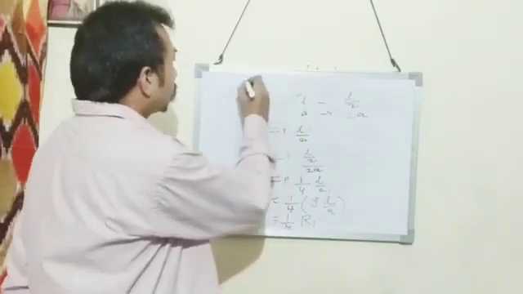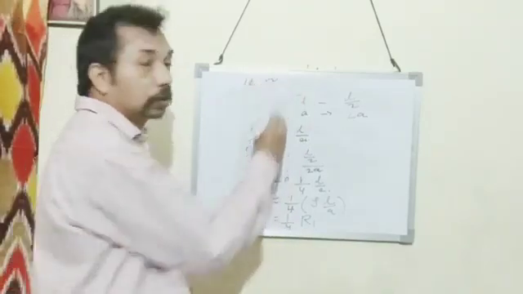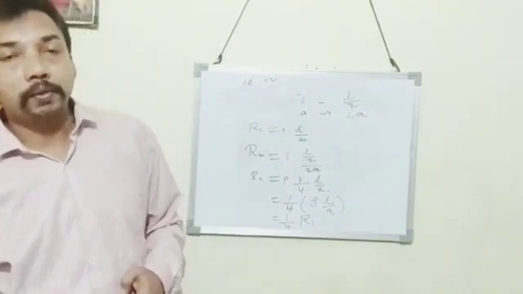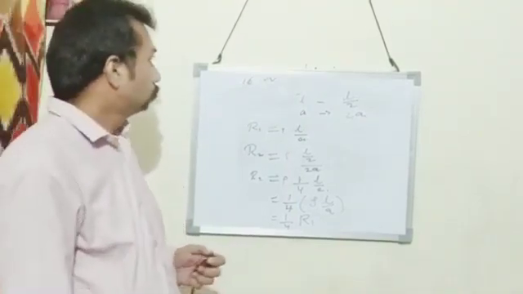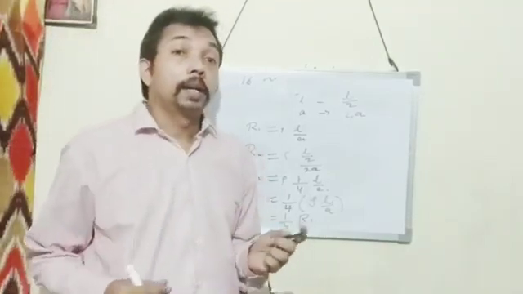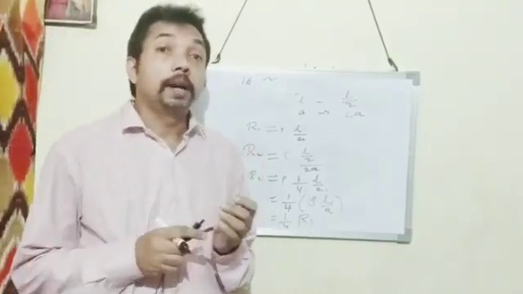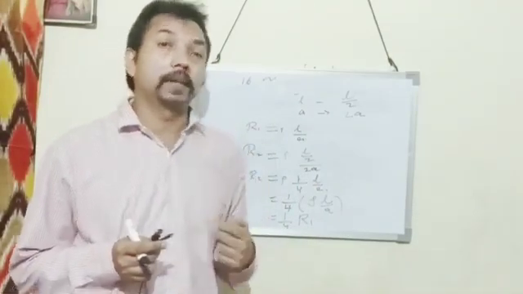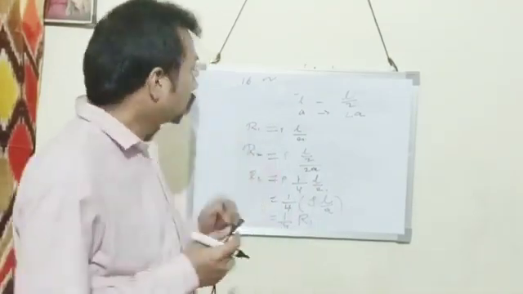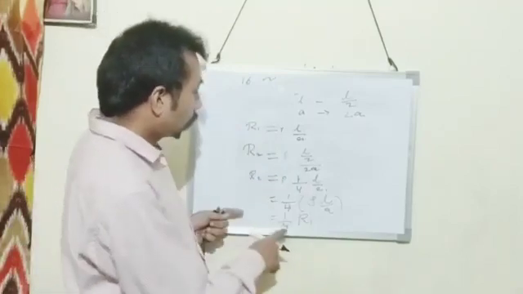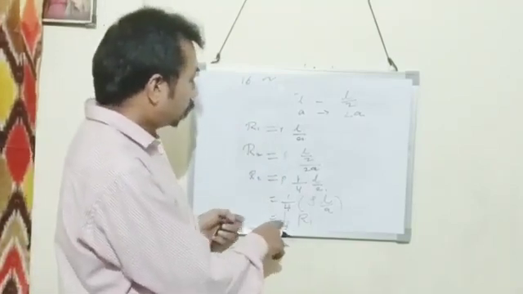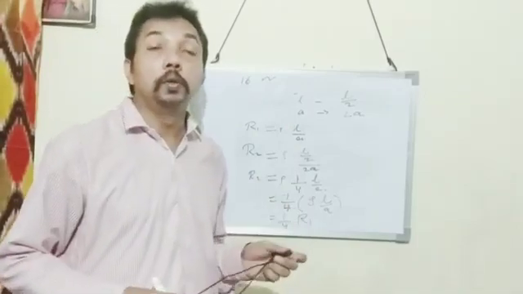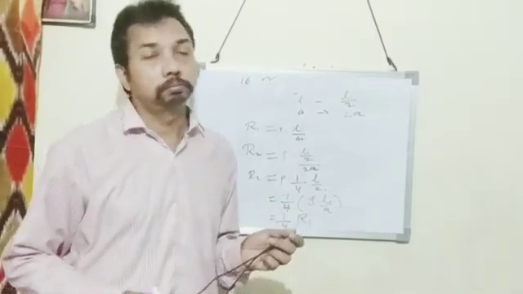Suppose the resistance of a wire is given as 16 ohm, and the wire is doubled on itself. So what is the new resistance? The same method we follow. Then the new resistance will be 1 by 4 into 16, which is equal to 4 ohm.